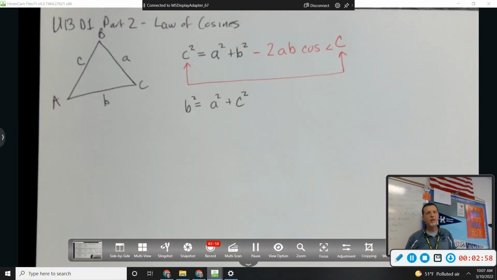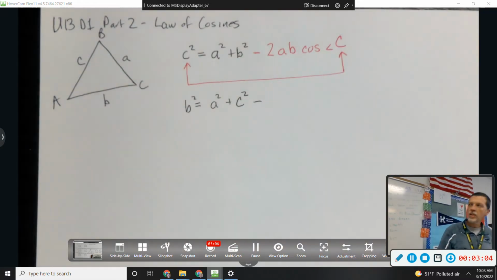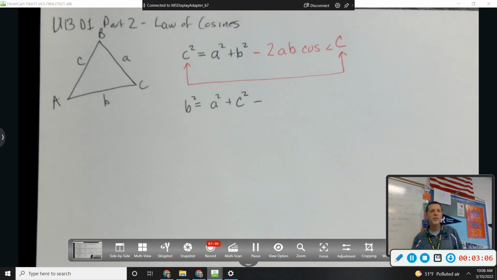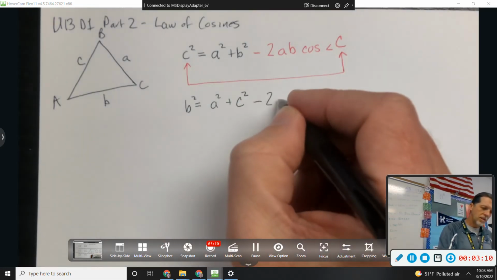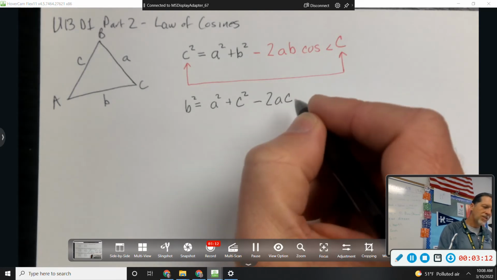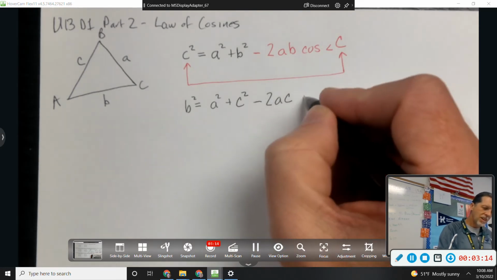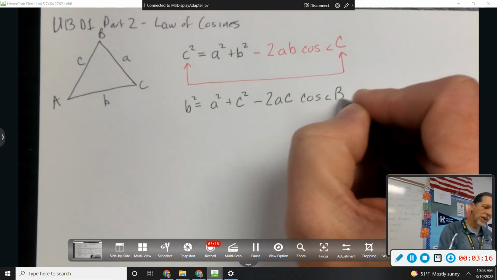So b squared equals a squared plus c squared minus, what do you think is going to come for this one? 2ac cosine angle B.